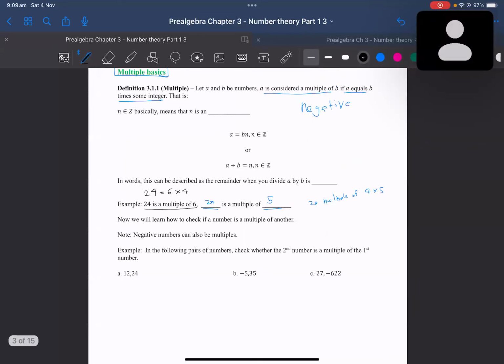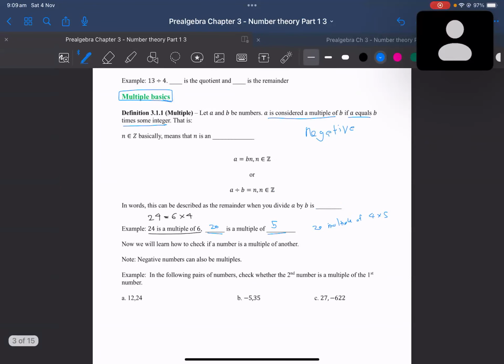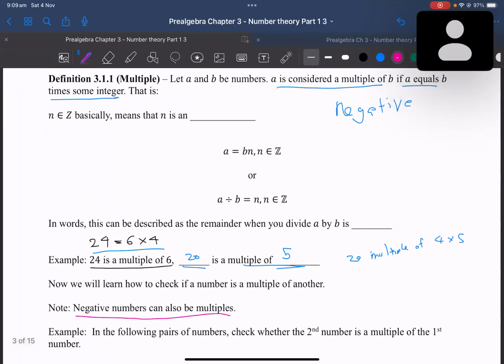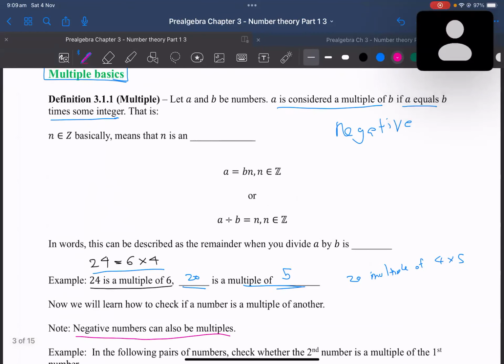Okay, so the important thing I want to say: I think everyone gets the basic concept of multiples. But something you're probably not familiar with is that negative numbers can also be multiples. If you look back at the definition, it said A is considered a multiple of B if A equals B times some integer. Do integers have to be positive?